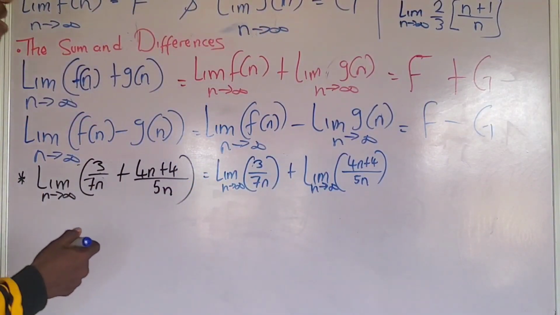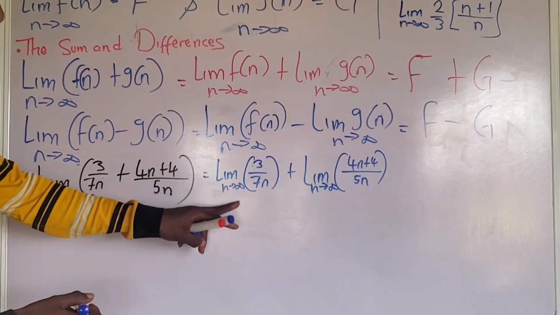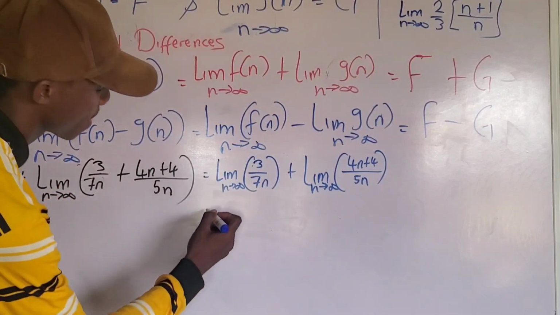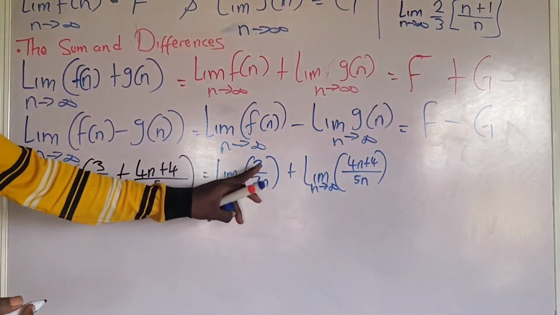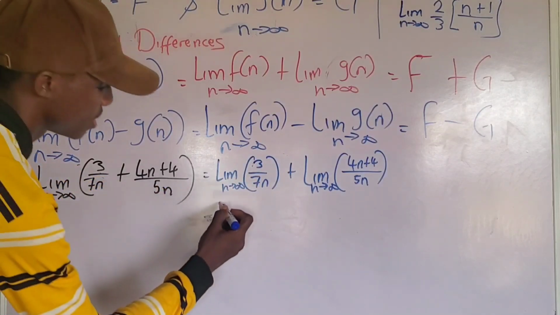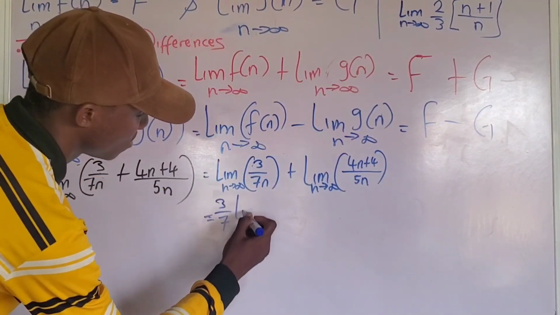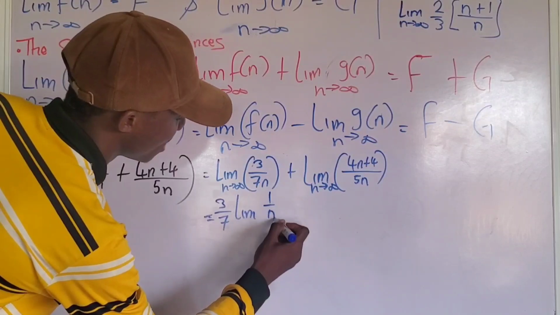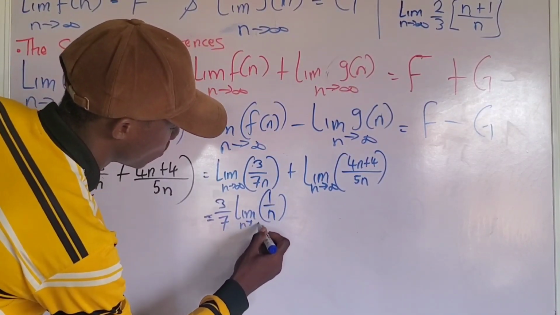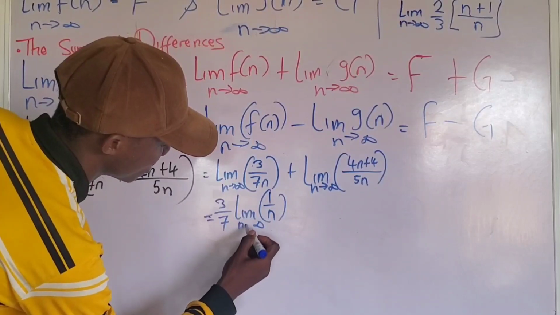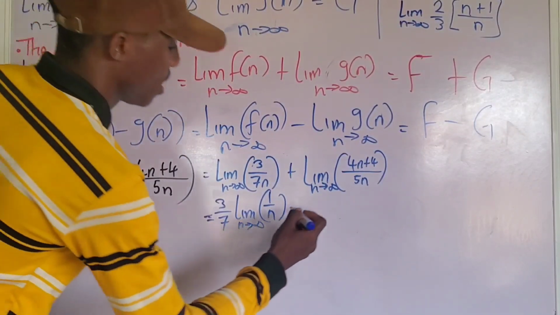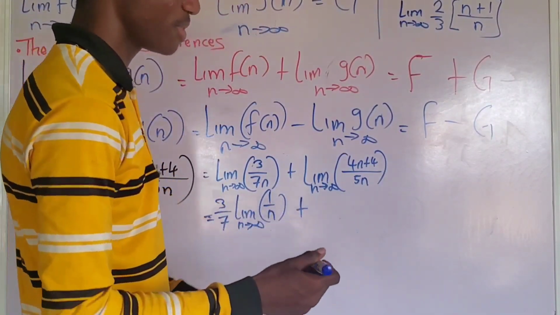Now, for this, according to the multiplication of a constant, you can factorize 3 over 7 out. So I'm going to have 3 over 7 limit 1 over n as n tends to infinity. And for the second one, please pay attention.